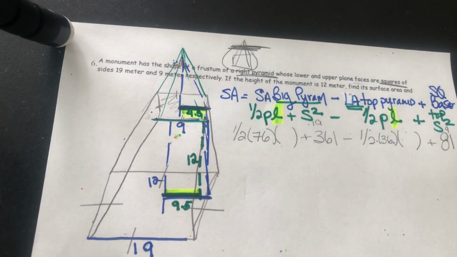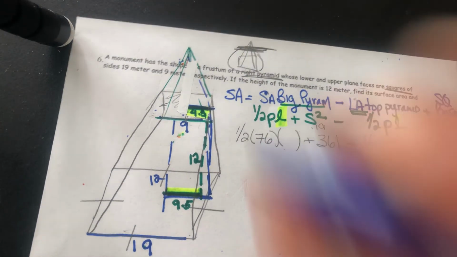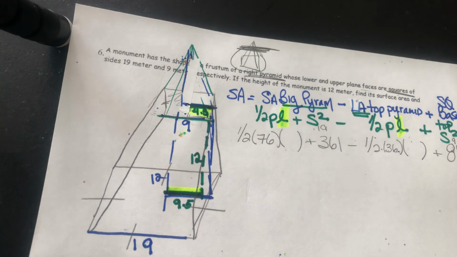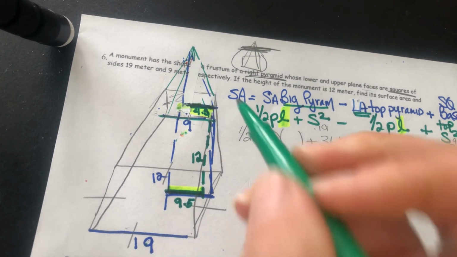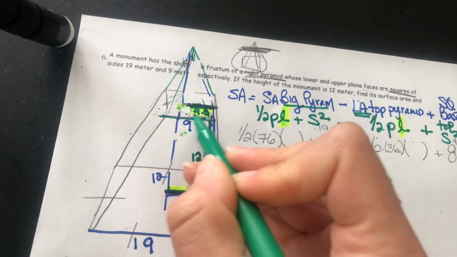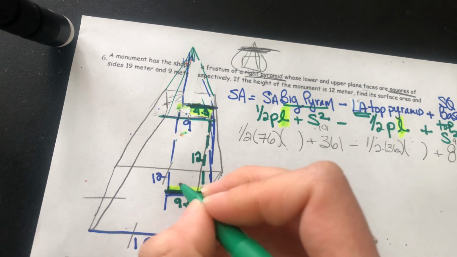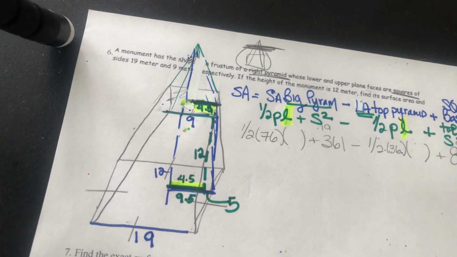If I actually drew it a little bit better, let's kind of show you that a little bit better. Let's extend this up. So those 4.5s are the same value. So if that's the case and you have 9.5 total and you have 4.5 up here, this is like that trapezoid if you guys remember. So this is 4.5, which means this piece right here is 5.